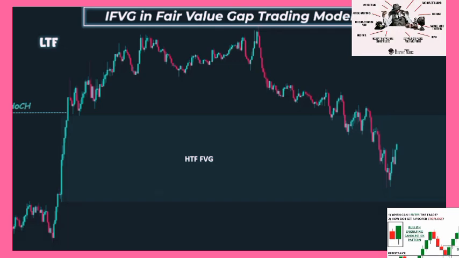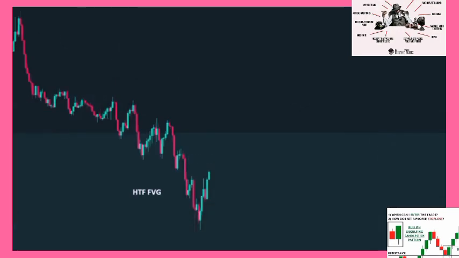This confirms that price is respecting the higher time frame gap, and that's your first layer of confirmation. Once you have that, the next step is to look for a violated fair value gap that flips into an inversion fair value gap, either inside the higher time frame FVG or just outside it after the rejection. This becomes your second layer of confirmation.